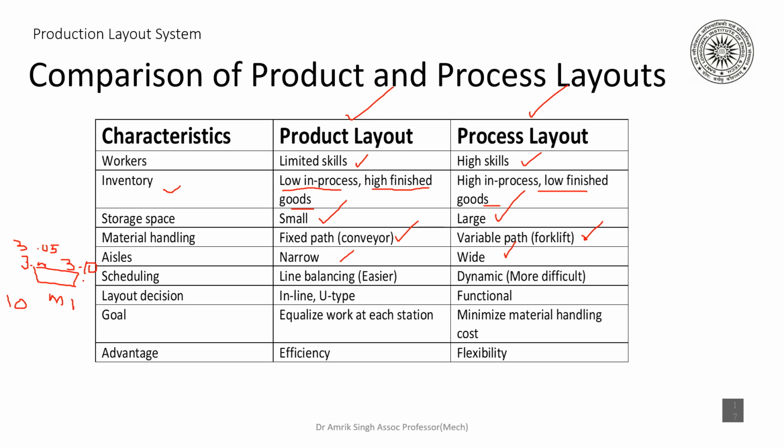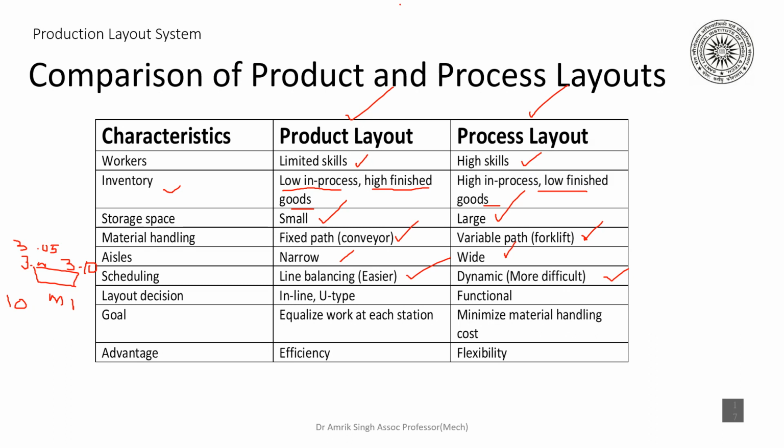So that means it has to be scheduled like that. So line balancing in this type is easier, and here it is dynamic and more difficult because waiting times are there, WIP is there. So because of that, the scheduling is difficult.